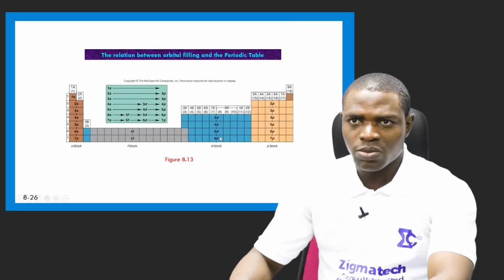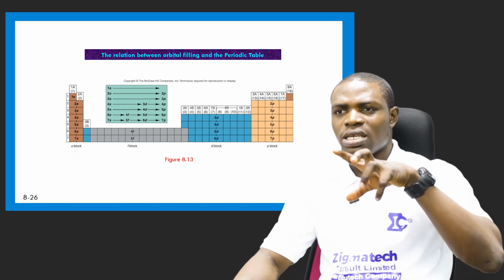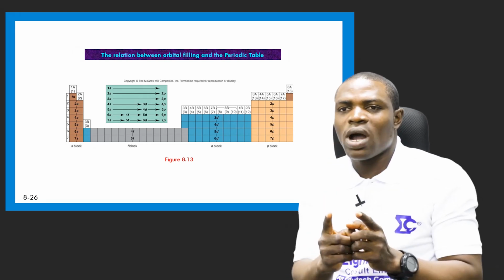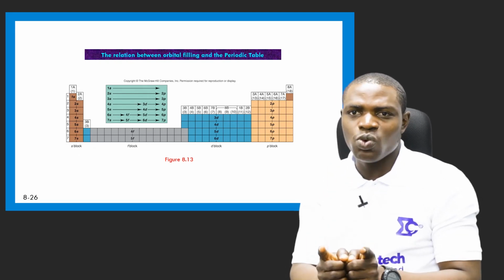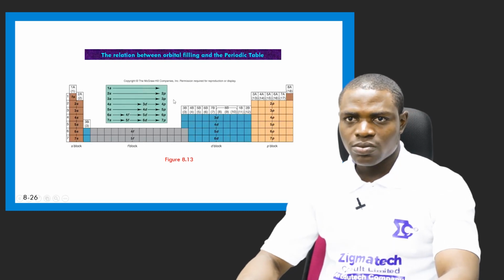Now look at the relationship between the orbital filling and the periodic table. We want to look at the sequential relationship. The first one is the first energy level, which is 1s, followed by 2s.